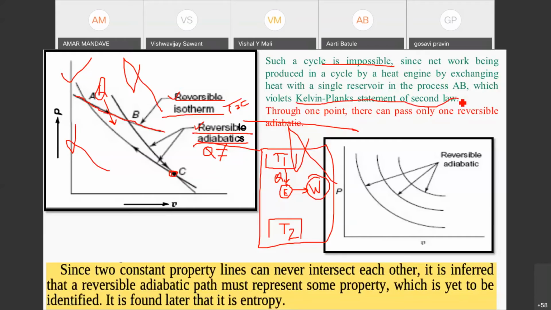So through one point there can pass only one reversible adiabatic process. Here we assumed there is a point C from which two different reversible adiabatic processes are passing.